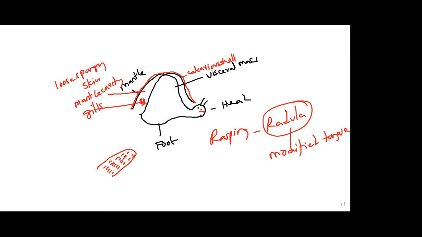Since fertilization is external, they are oviparous, and the development is indirect.